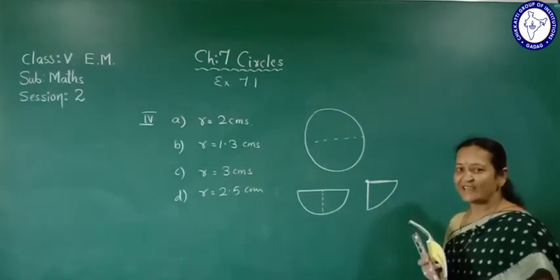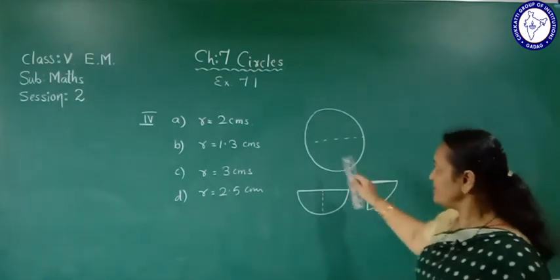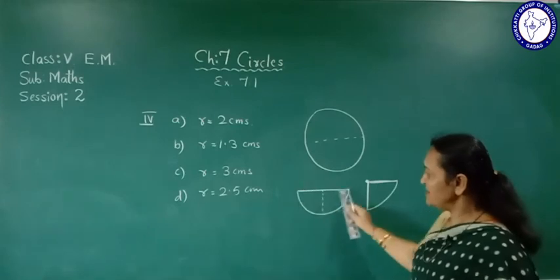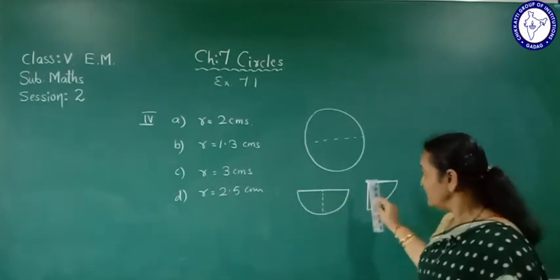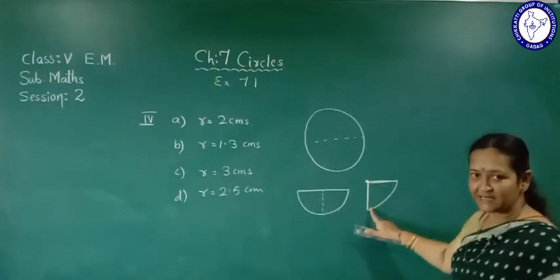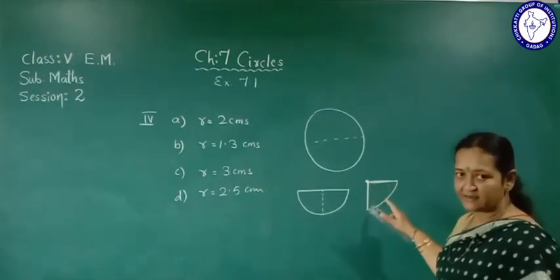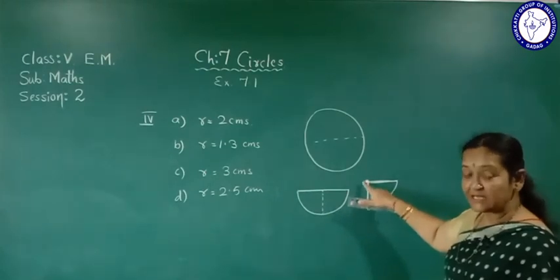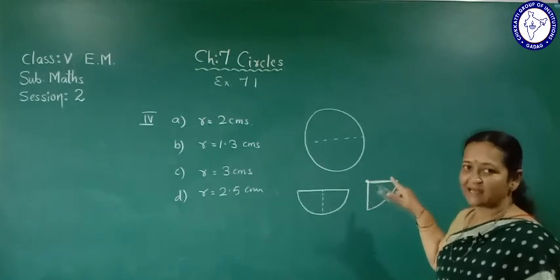Okay, so when you sit for lunch, you can draw an imaginary line on a chapati, just fold it, you will get 2 radii, and actually we call it diameter. Then again if you fold, here you will find the radius. So 1 radius, here 2 radius, both we call radii of the circle. Okay, and this point where a chapati is folded is called the center of the circle.